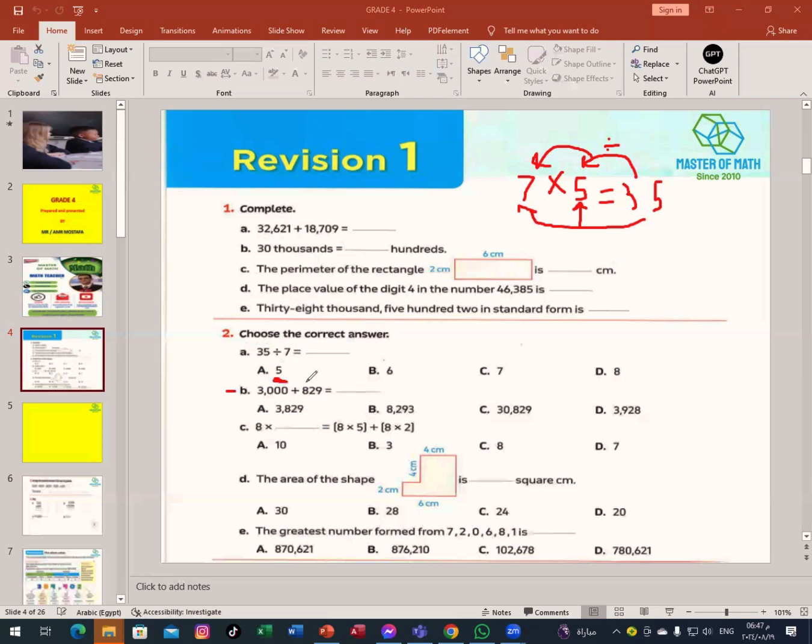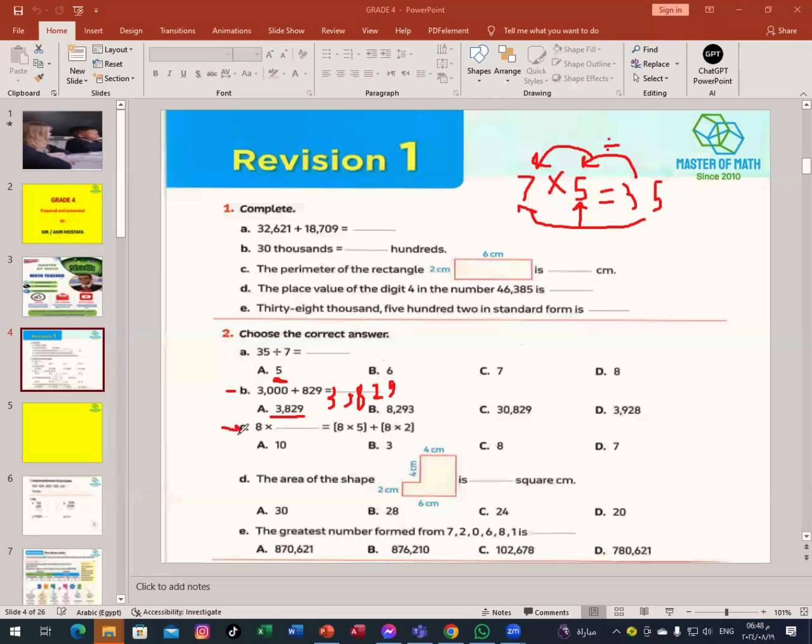So when I add them, I put 9 in ones, 2 in tens, 8 in hundreds. 829 plus 3 zeros equal the same number, and 3,000 is alone plus nothing equal 3,000. So the answer is 3,829. Okay.